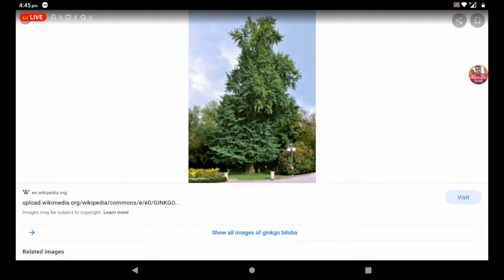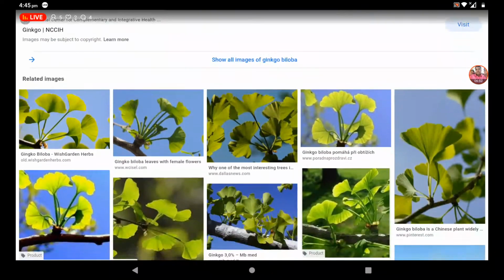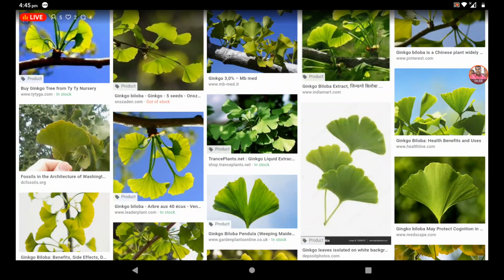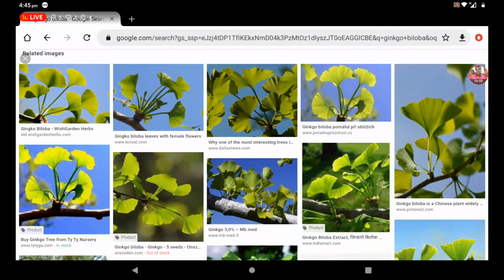Fan-shaped leaves are present in ginkgo biloba.